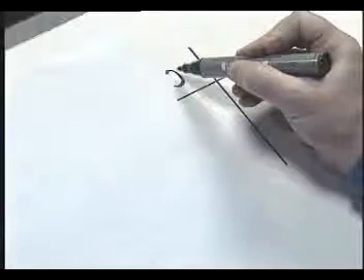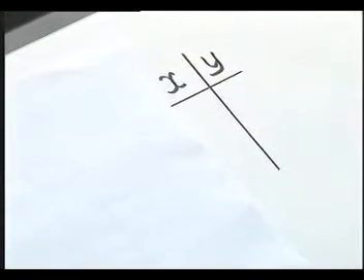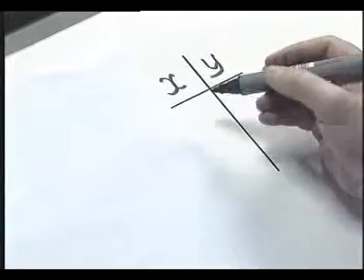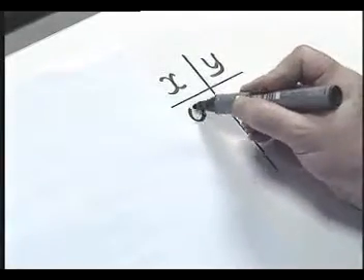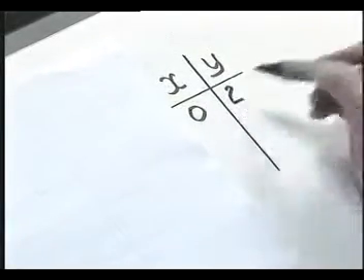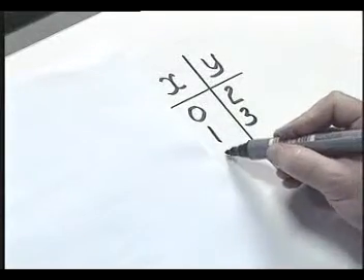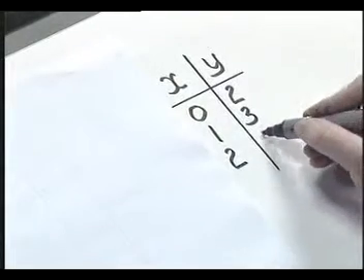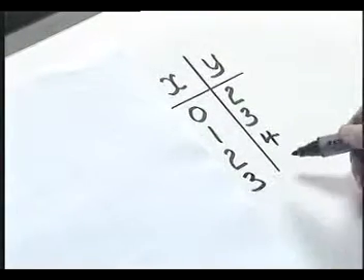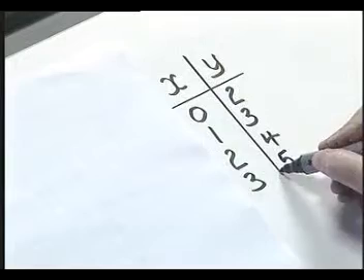Suppose we've got some points labelled by their x and y coordinates. Suppose we have a point where x is 0, y is 2, x is 1, y is 3, x is 2, y is 4, and x is 3, y is 5.